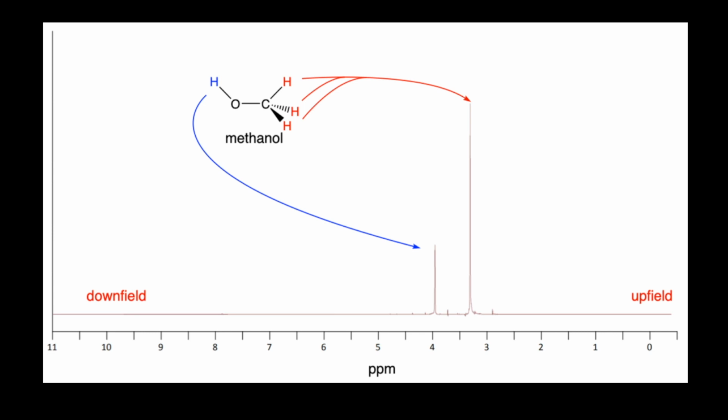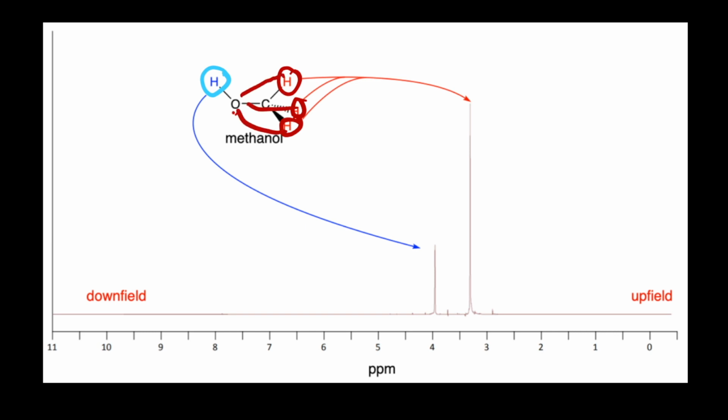And just remember that in this particular spectrum, we have one hydrogen that's on the alcohol, and we have 3 of them that are equivalent, chemically equivalent, on the methyl group of methanol. So these 3 red hydrogens are the same distance from everything else in the molecule.